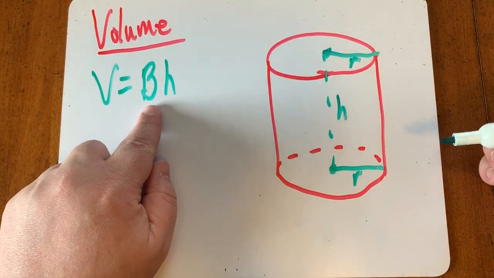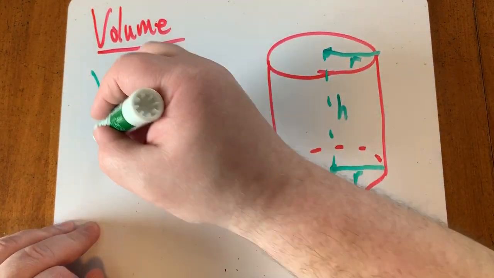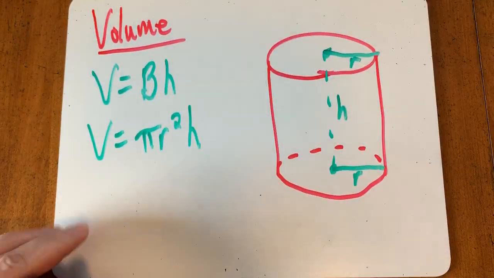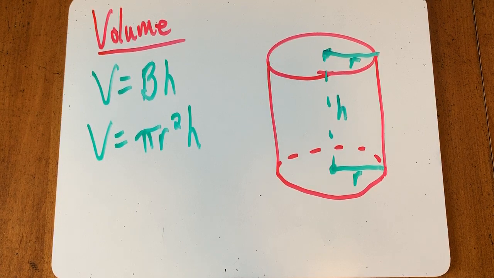Except this time there's only one formula for the area of the base. It's pi r squared times the height. All right, so that's surface area and volume of cylinders.